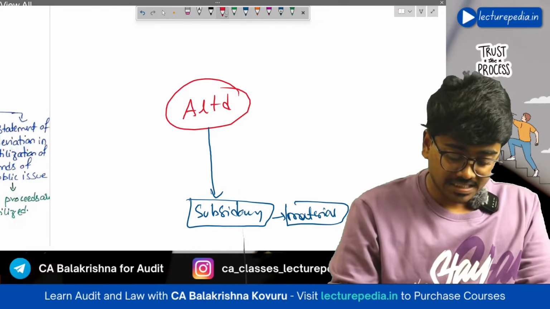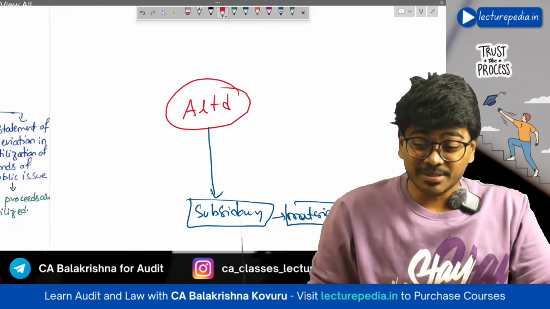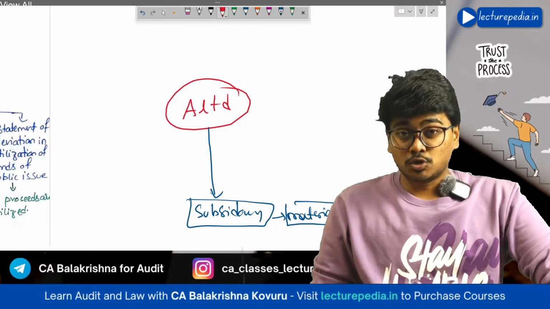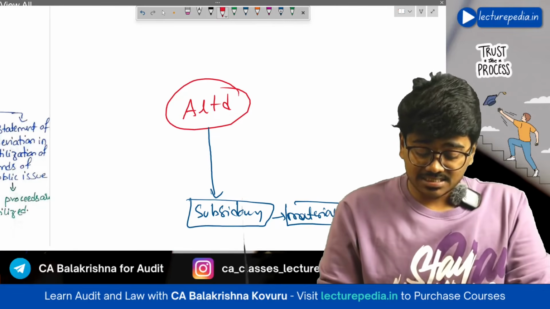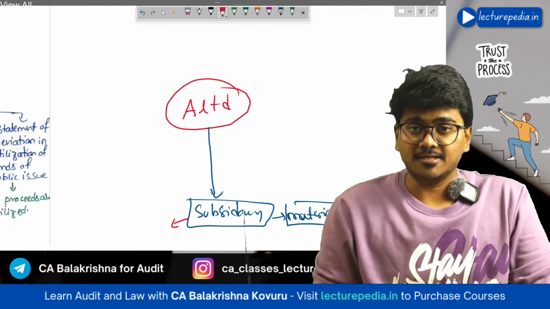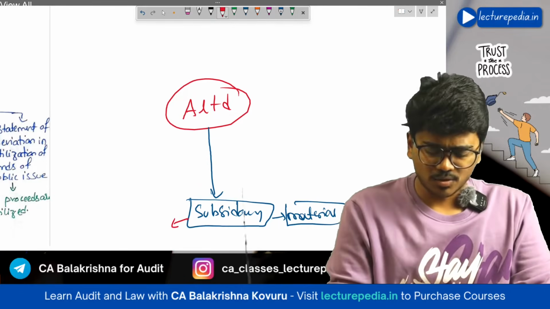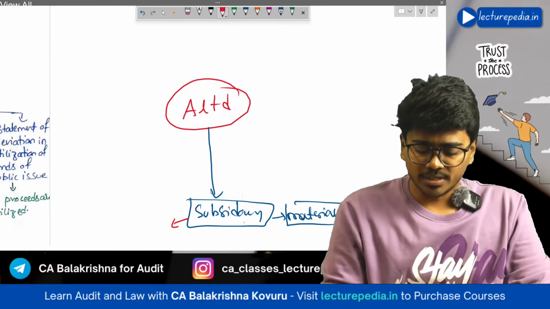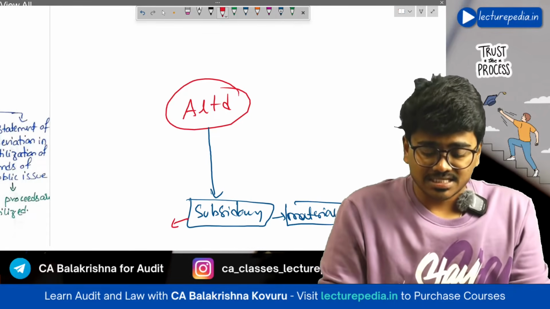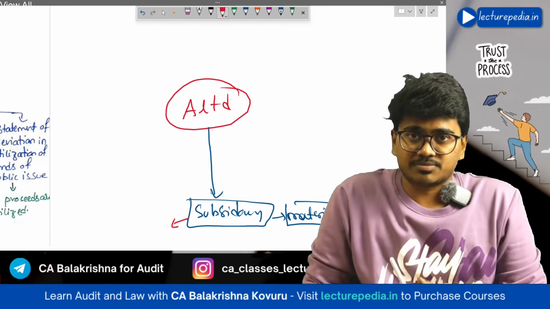Now, if A Limited wants to sell its shareholding in its subsidiary, okay, A Limited is the holding company of the subsidiary. That means A Limited is holding shares of the subsidiary, right?